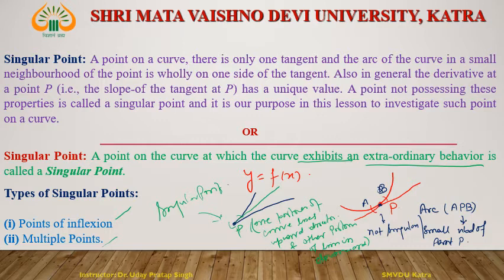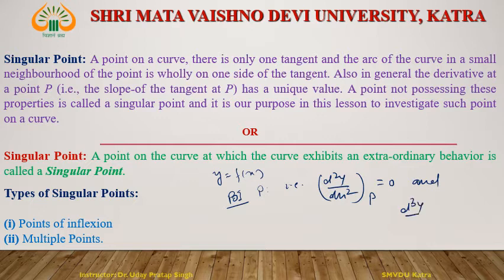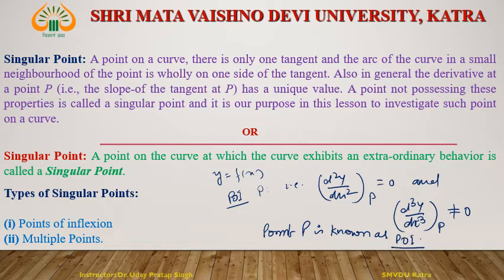Point of inflection we already discussed: for a given curve y is equal to f(x), if d2y/dx2 at point P is equal to 0 and d3y/dx3 at point P does not equal 0, then the point P is known as a point of inflection.